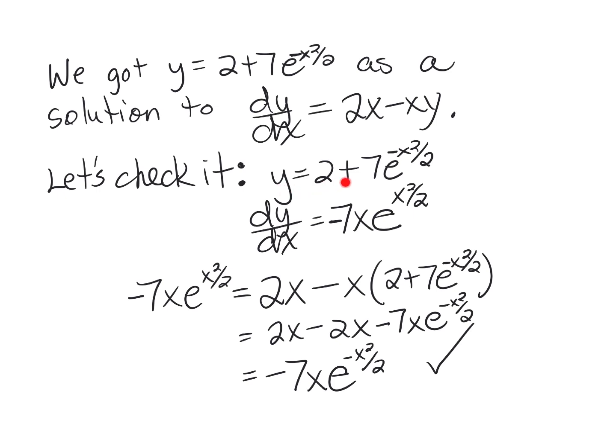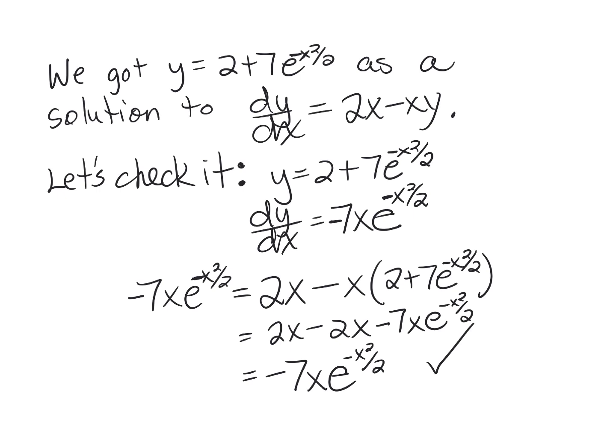So when I take the derivative of my solution, I get this: 0 plus 7 times e to the power times the derivative of that power is minus 2x, which gets rid of minus 2x over 2, which gives me just a negative x with that 7 and the e to the power, which is negative, right? This is a negative power. Found my mistake. Good, good, good.